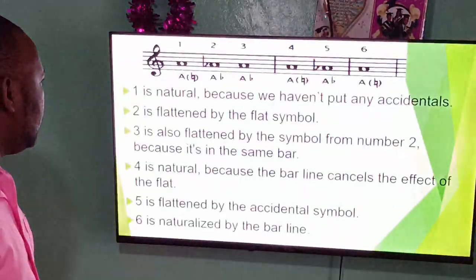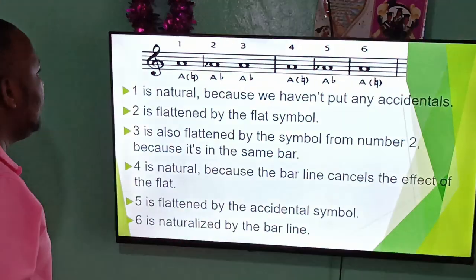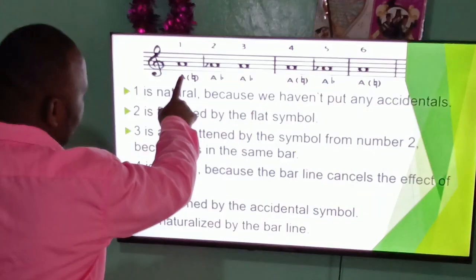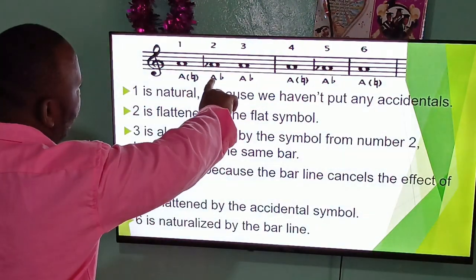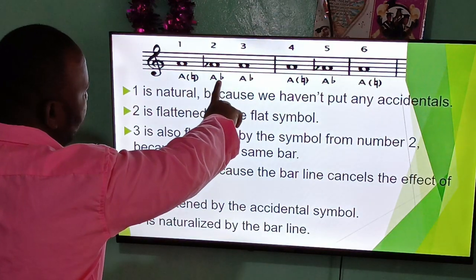Let's look at this example. Here we have A natural, we have A flat, and we have A flat.